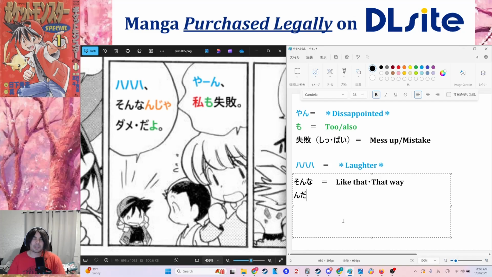However, there's kind of a bad habit speech pattern where some characters in anime and manga especially will just use the conjugated form without actually conjugating. So sometimes you'll see the word da as ja. Don't be thrown off by this. There is literally no difference between nda and nja other than the fact that it's a speech pattern thing. So when you see this nja here, again, we've already learned this concept.